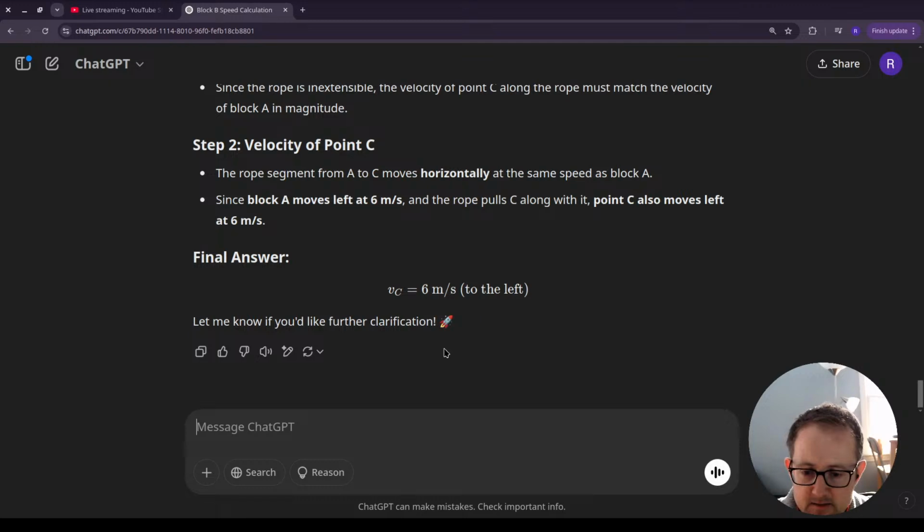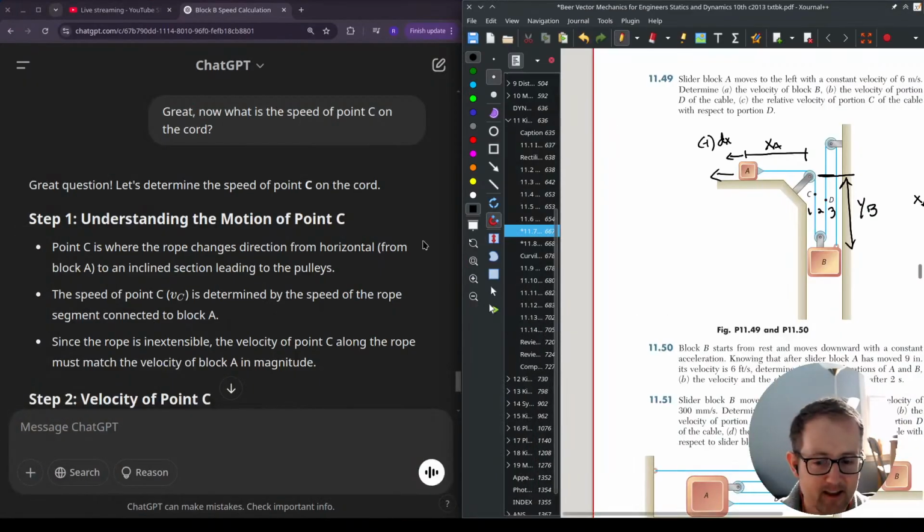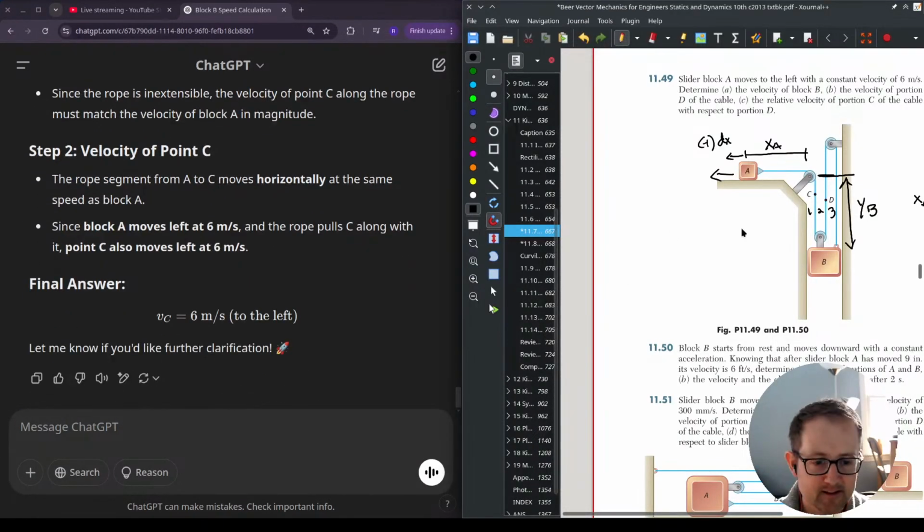It thinks that it's moving to the left, but since block A moves to the left, rope pulls C along with it. C also moves to the left. But what we saw here, let's put our picture on one side and our AI response on the other, so we can double check its work. But we saw that point C is not on the vertical section. So let's clarify.